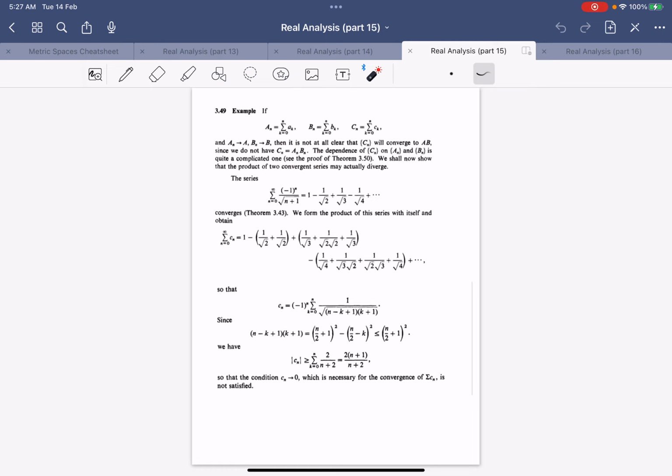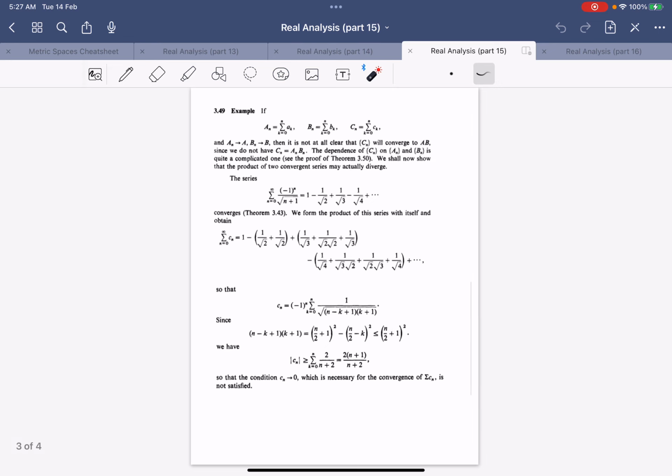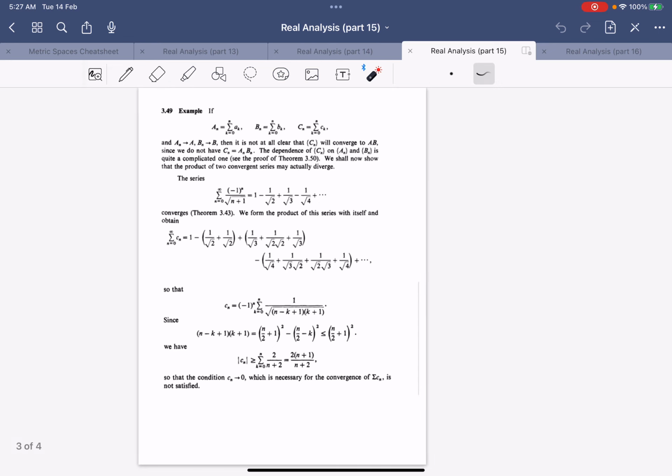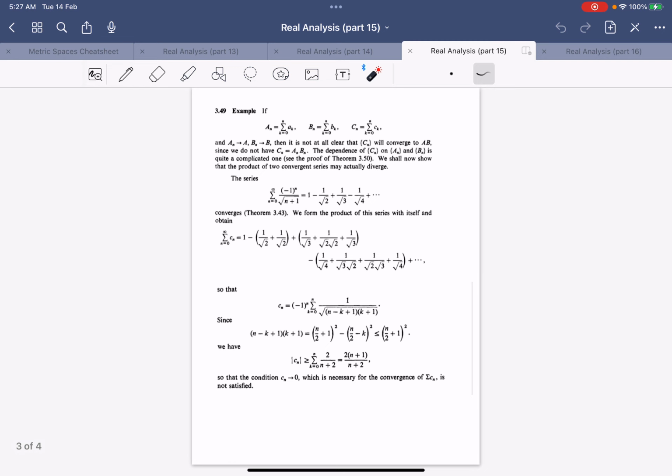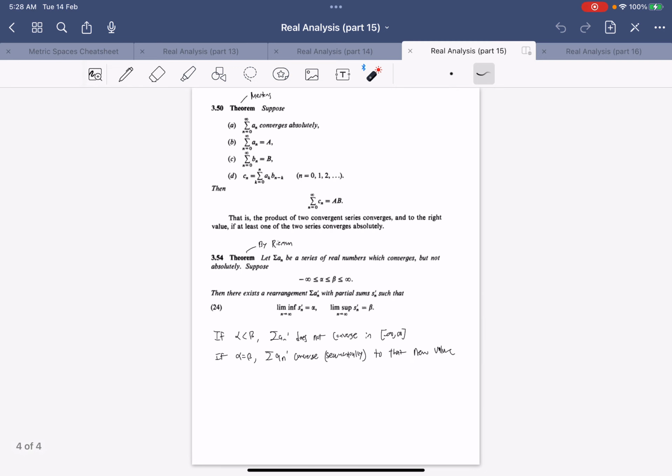While we shall not prove the next theorem, we shall state it, and the proof is really more of an algebraic exercise where you just need to be clear about what notation you are using, and you can read the proof in Rudin or online. These two theorems are important in stating when a convolution converges.